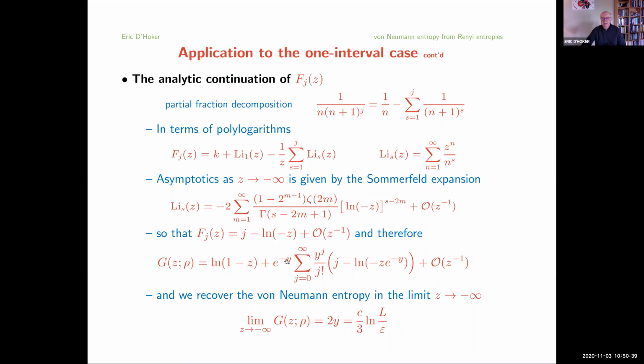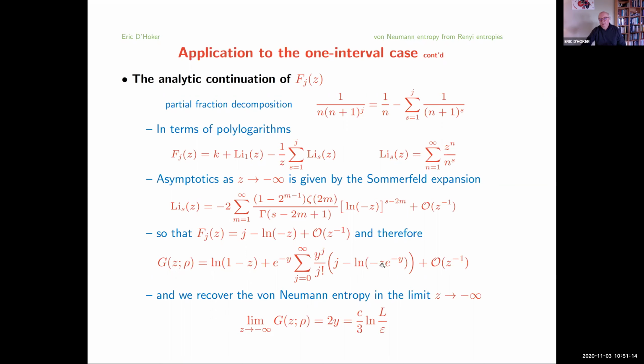The evaluation of this is that f of j of z is j minus the log of minus z, and then plus inverse powers of z. As a result, g of z is this log, and then this combination, which you can throw away at the end. Now you can see that you can actually resum, because y to the j and then 1 over j minus 1 factorial, that's just an exponential.